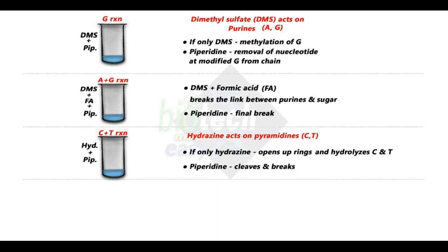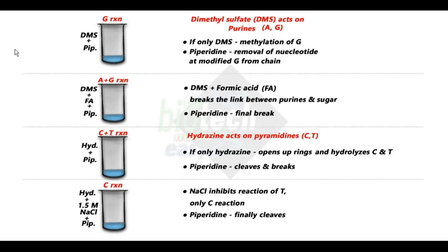Now let's see the fourth tube. In the case of the fourth tube, hydrazine was added. Along with the hydrazine, a 1.5 molar solution of NaCl was added, and then there is piperidine. What does it do? Hydrazine, of course, acts on the pyrimidine.